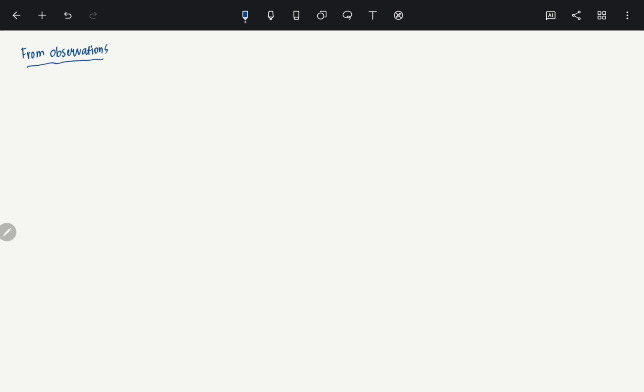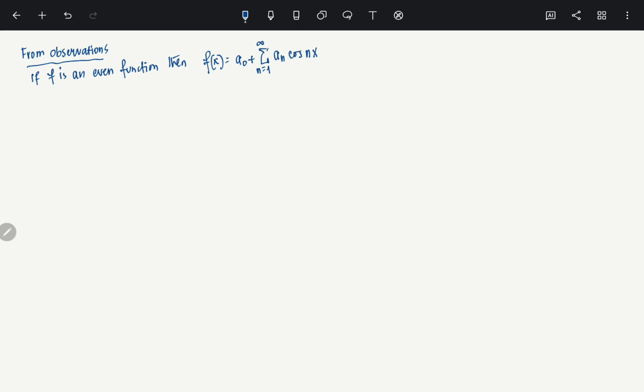If f is an even function, then how do you write the Fourier series? f of x, you can only talk about this particular term: a naught plus the summation of an cosine nx, with n equals 1 to infinity.